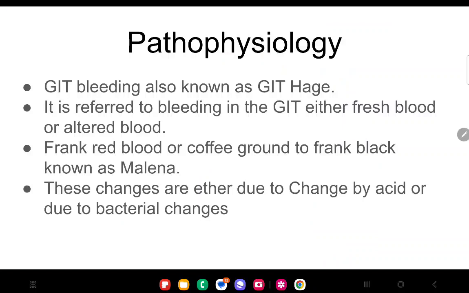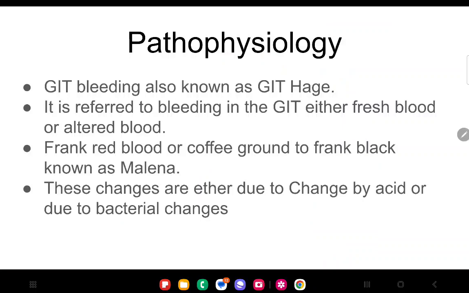The pathophysiology of this condition is also known. Upper GIT bleeding is known as upper GIT hemorrhage. It could be fresh bleeding, which is frank red bleeding, which could be excessive, and this will be a cause of so many problems. Or it could be altered blood. The altered blood is a coffee ground type of vomiting, which is mixed with stomach content.